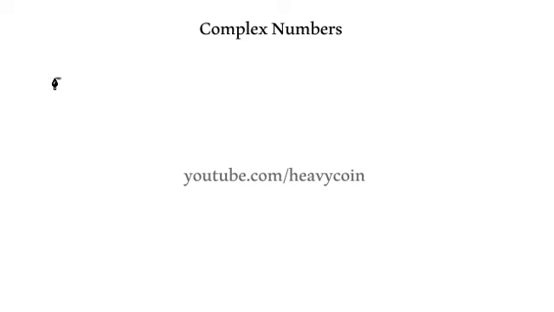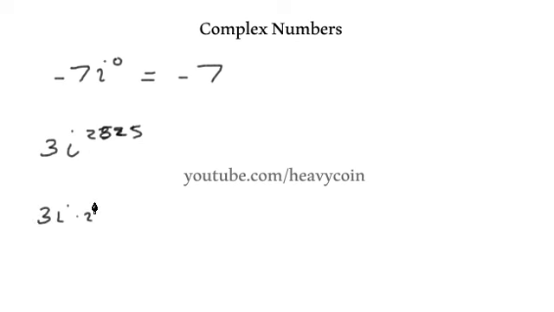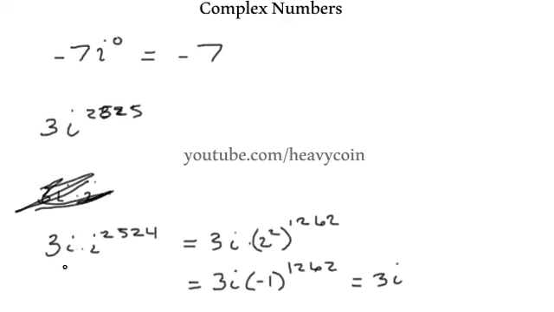If I had -7 i to the 0, well, i to the 0 is just 1, so you're just left with -7. Here's a good one here, 3i to the 25. So this becomes 3i times i to the 24, right?